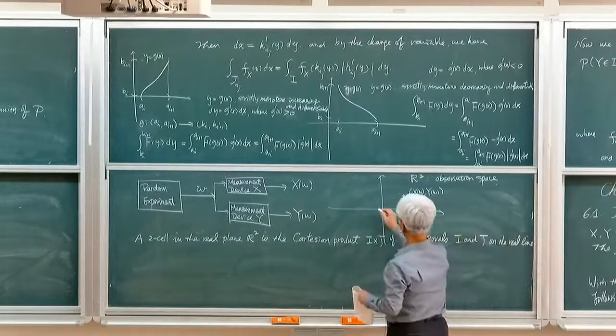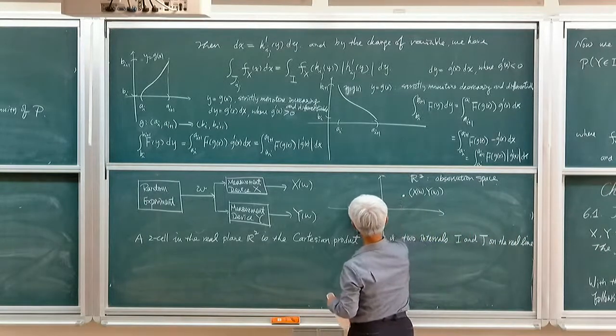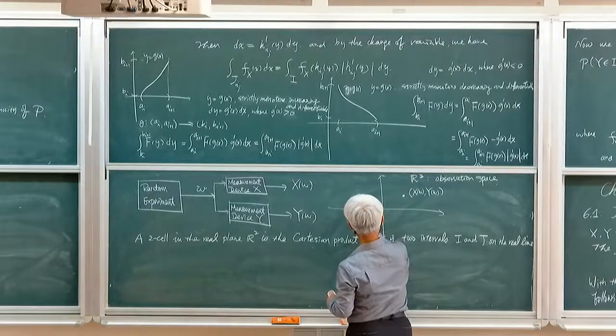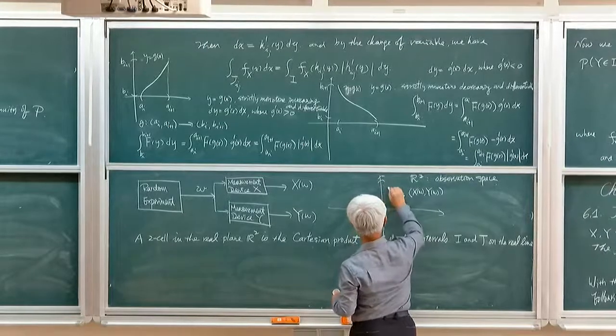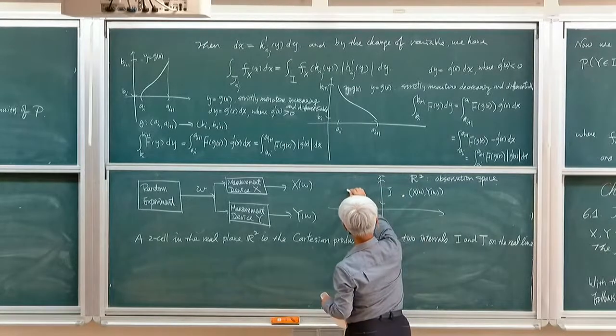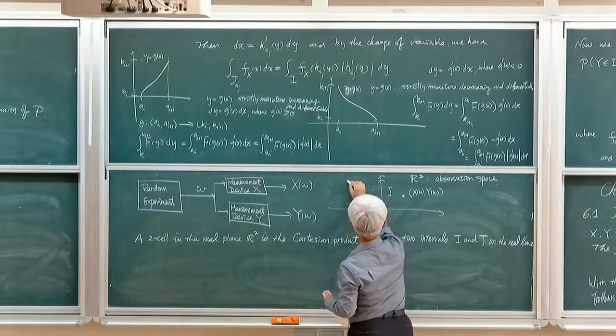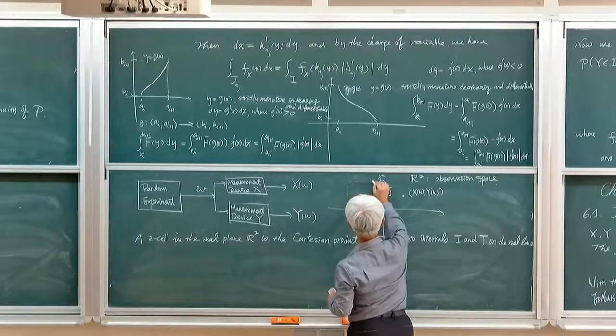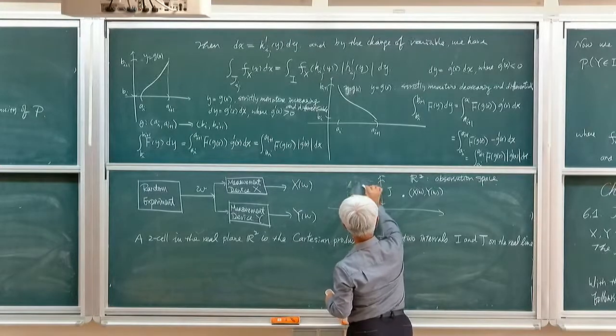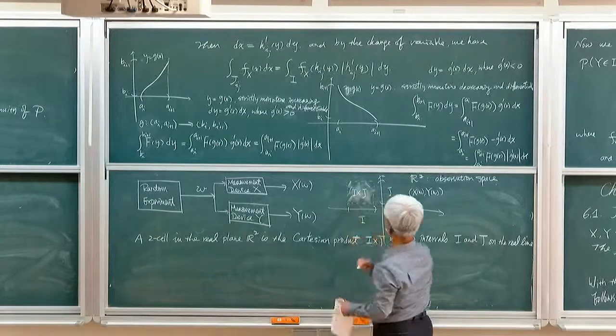Okay, so for example, here is the I interval, and here is the J interval. So this area would be the two cell.